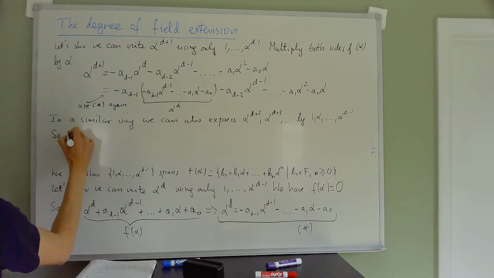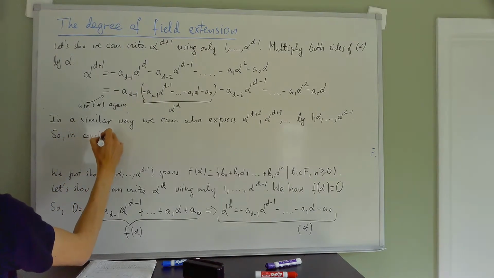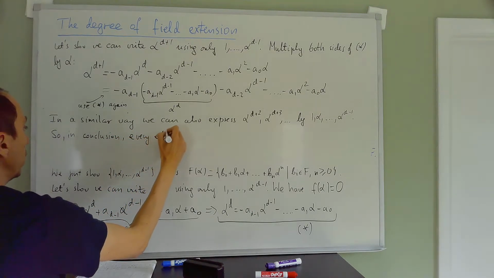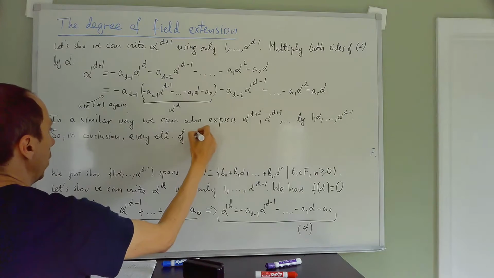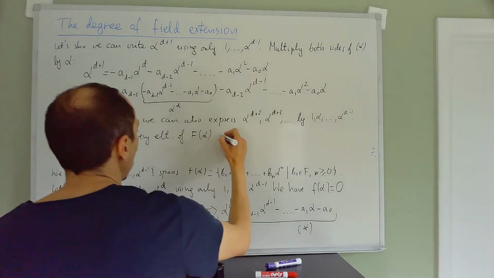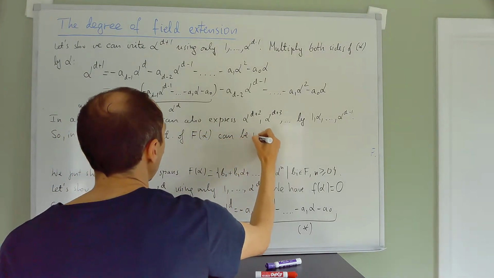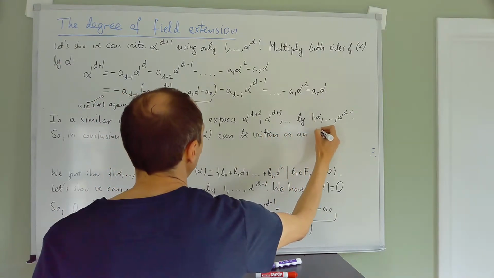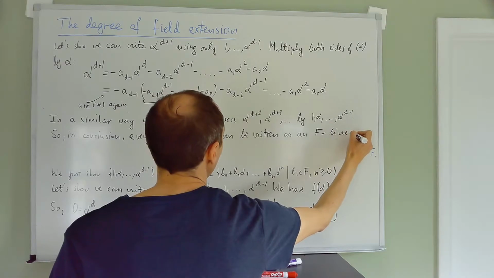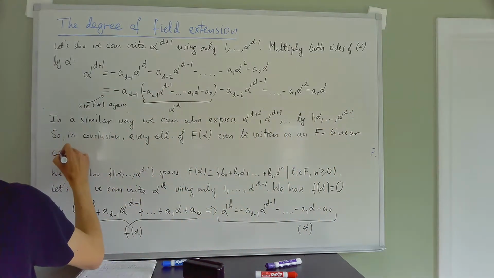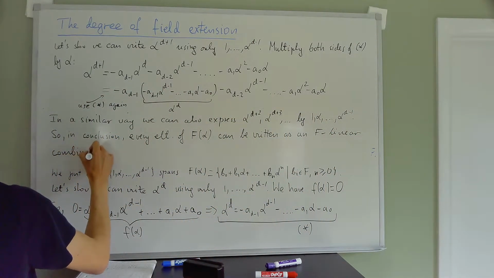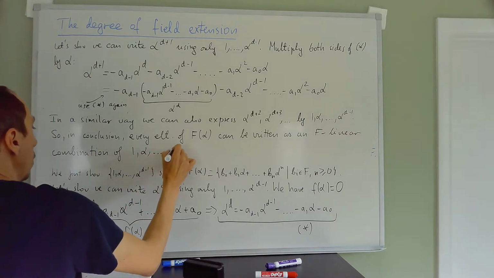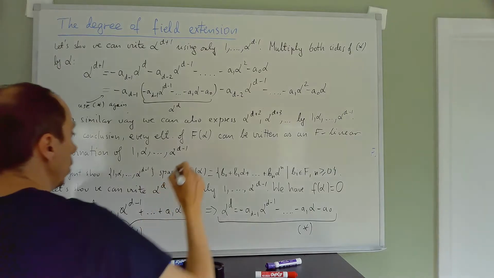So, in conclusion, every element of F alpha can be written as an F linear combination of 1, alpha, all the way to alpha to the d minus 1.